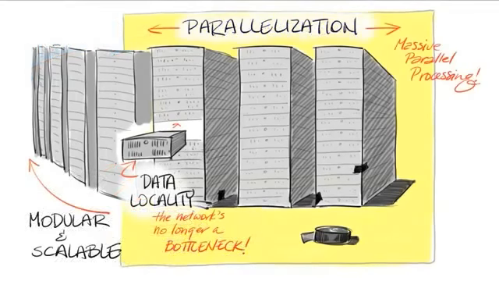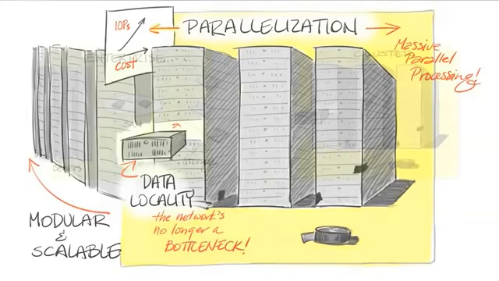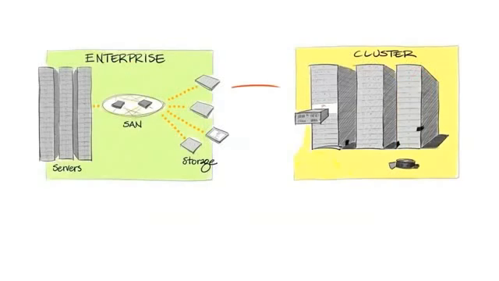Third, the parallelization of disk reads across the nodes may increase the number of IOPS while retaining the same hard disk drive costs. And to understand how this is possible, let us do a simple math here to compare the cost of storage per IOPS between traditional enterprise architecture and a cluster architecture.